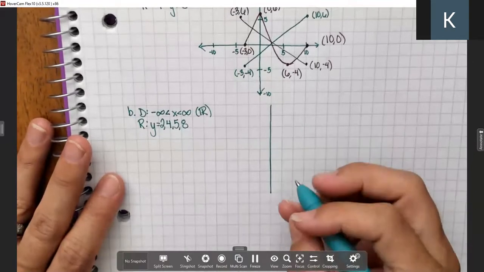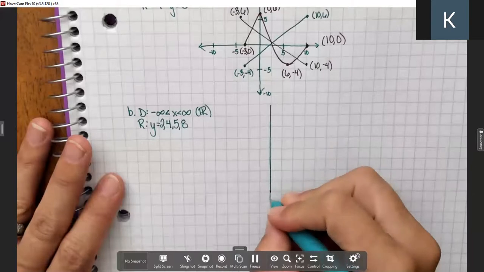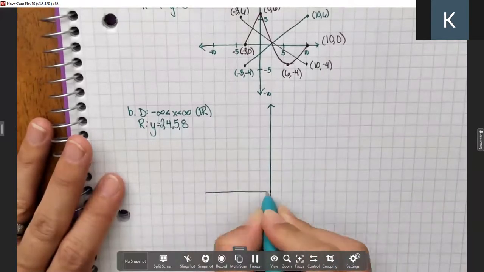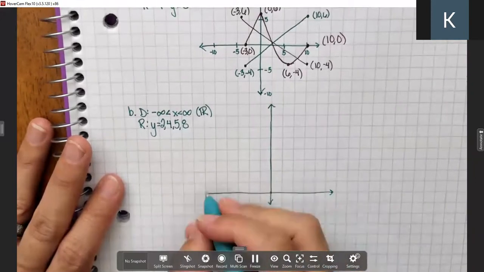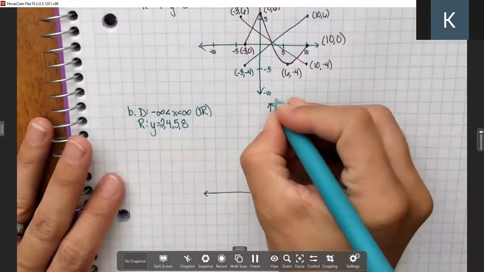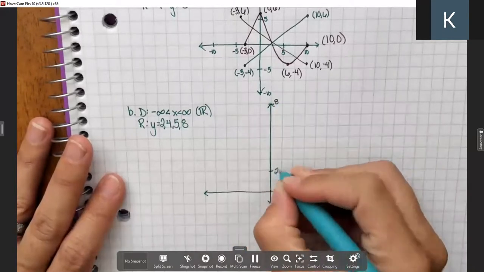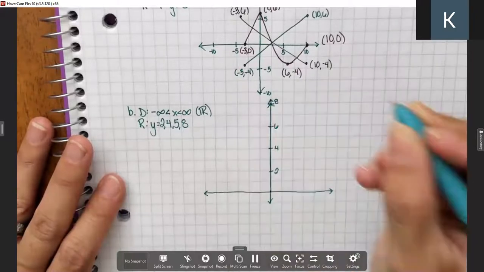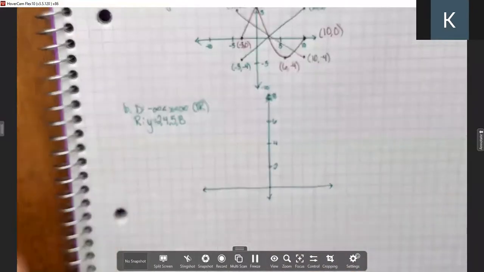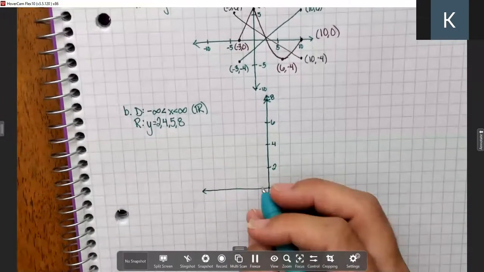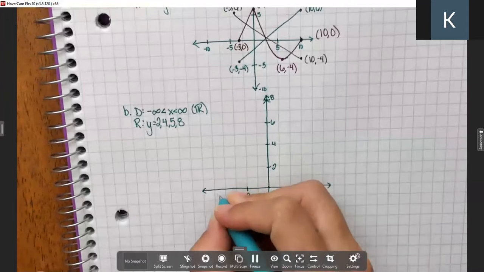Okay. So here I decided to count by ones. My x-axis, it doesn't matter. I can do the same thing.